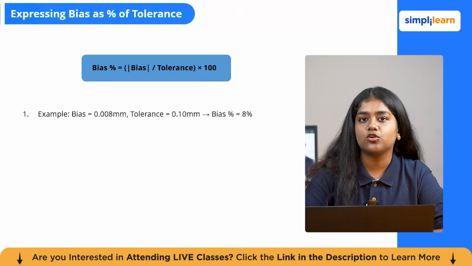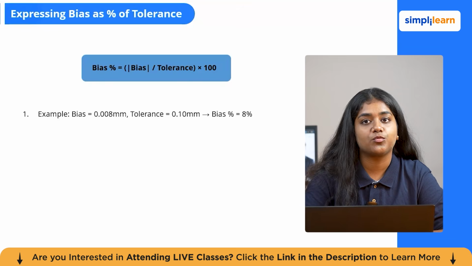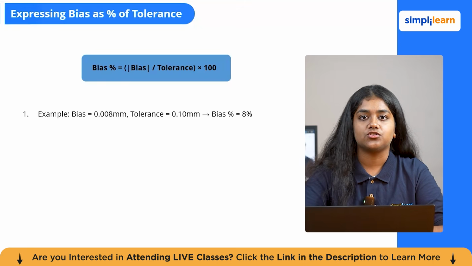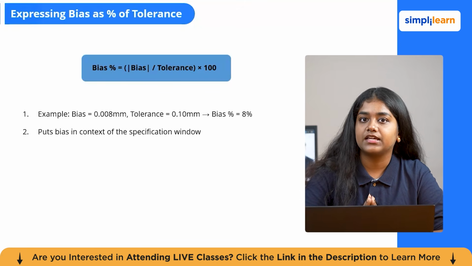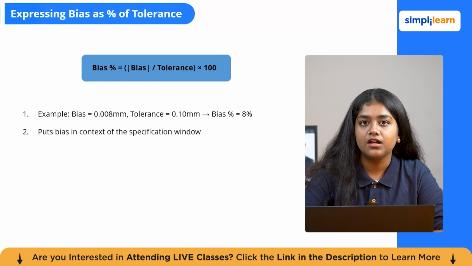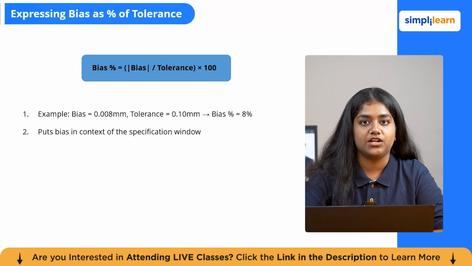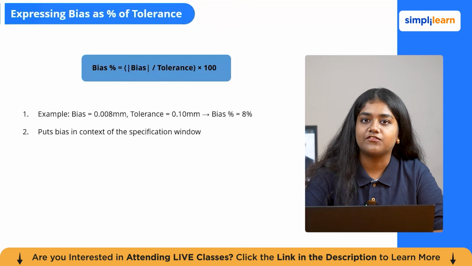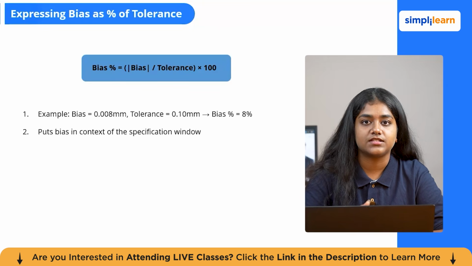If the tolerance is 0.10 mm and the bias is 0.008 mm, then the bias uses 8% of the tolerance range. An 8% bias means the gauge has a small consistent error compared with the total allowable variation. In many cases, this may be considered acceptable because the offset is not large enough to seriously affect product decisions.